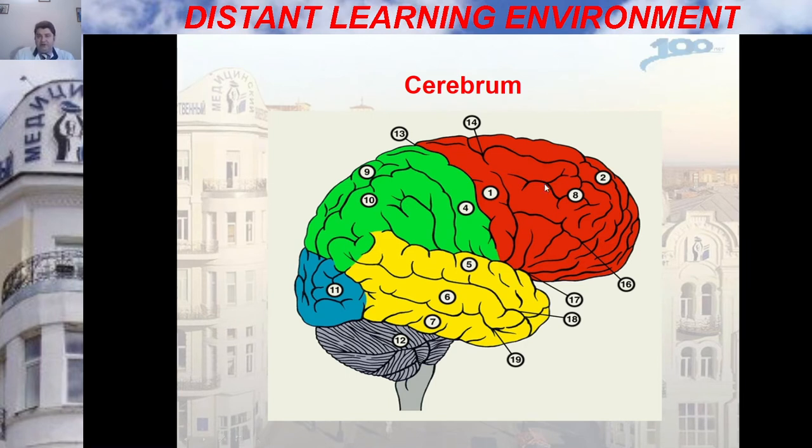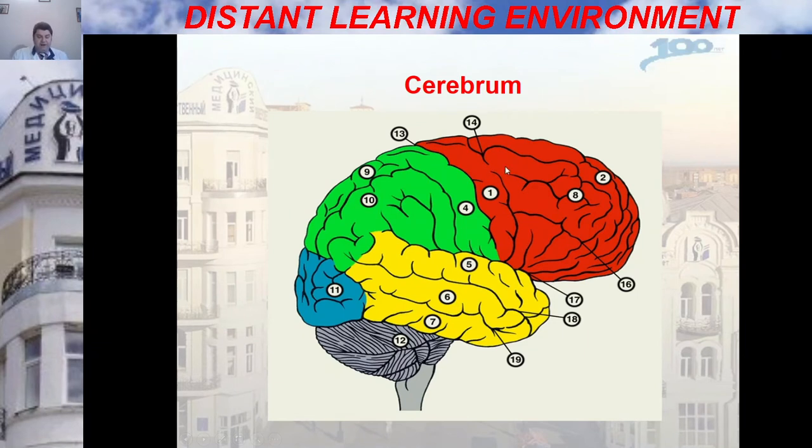I showed you 4 only: frontal in red, in green color you may see the parietal lobe, in yellow color the temporal lobe, and in blue color the occipital lobe. And also in each hemisphere is situated a small lobe, the insula, hidden in the depth of the lateral sulcus here.